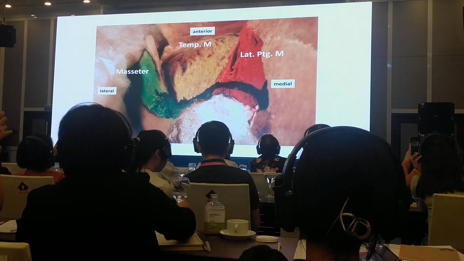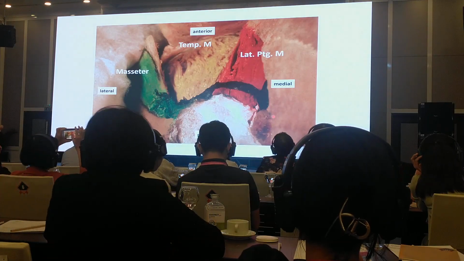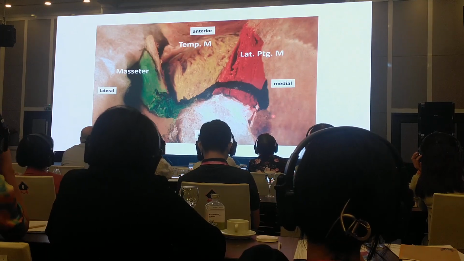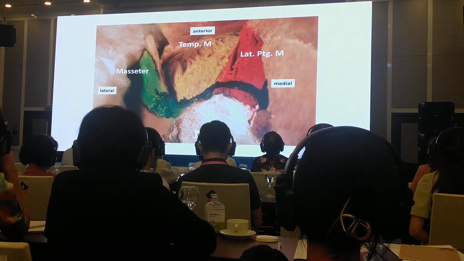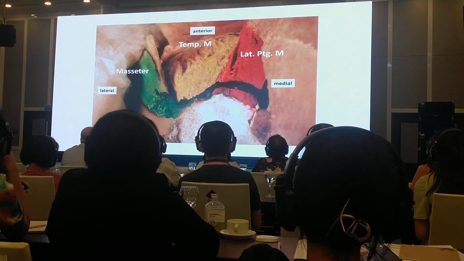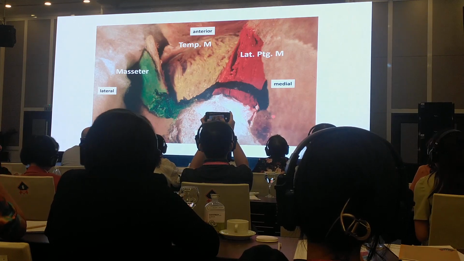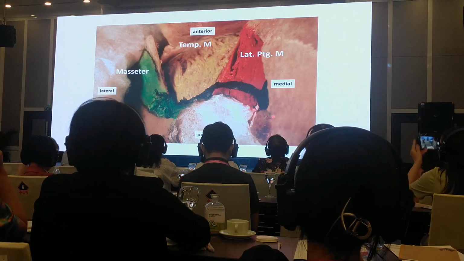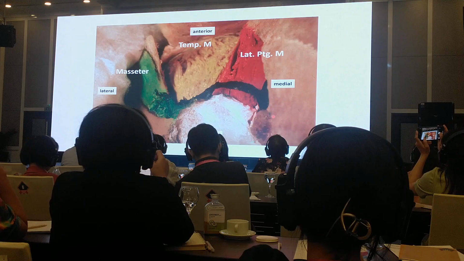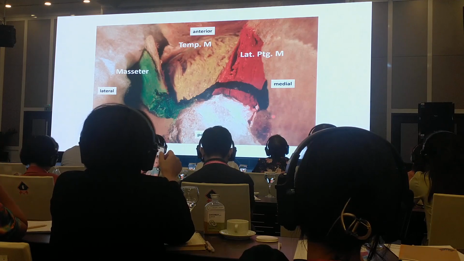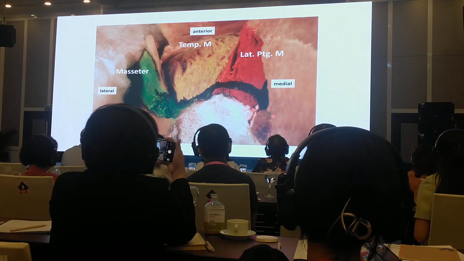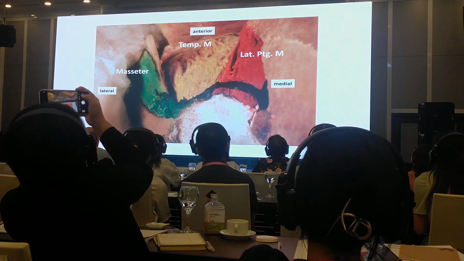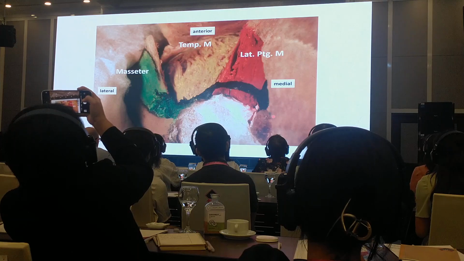If we approach from superiorly, this is the temporomandibular joint. This is the articular disc. We are seeing from superior. Behind this is the articular disc, and behind this we have the condyle. Then this is the lateral pterygoid muscle, superior head.